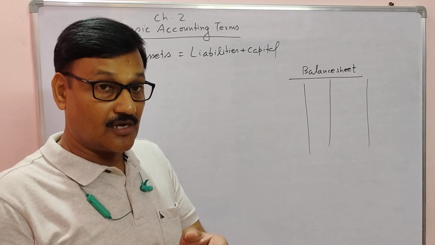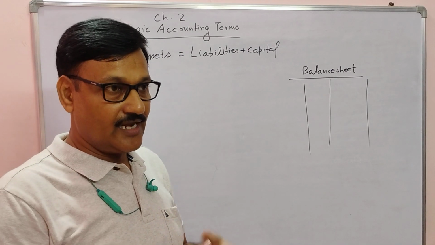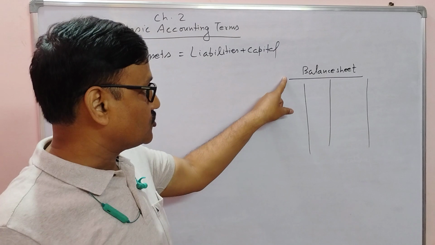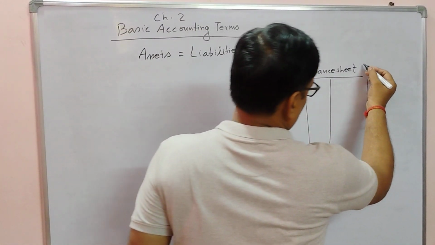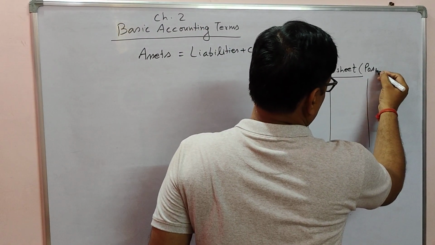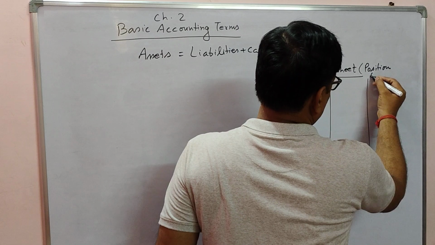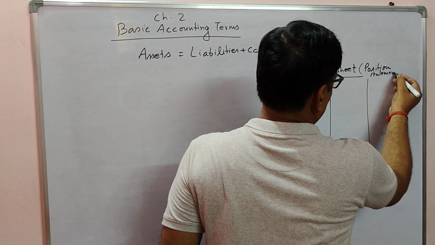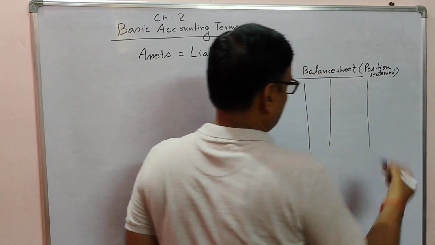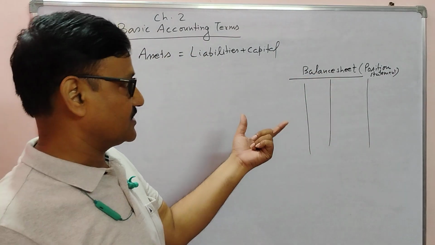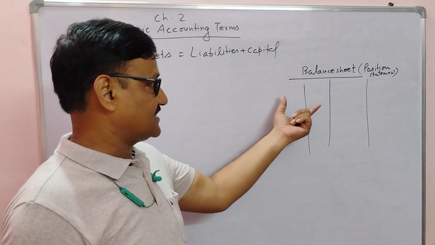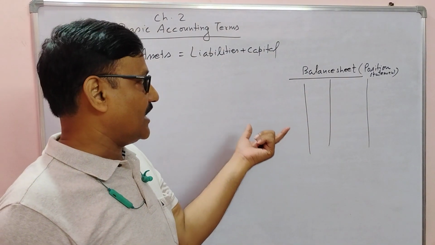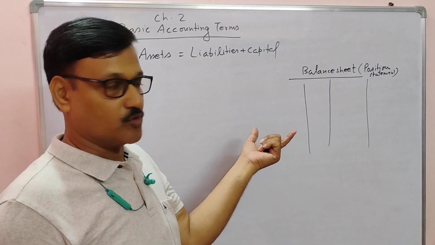Trading and profit and loss account is known as the income statement, and balance sheet is known as the position statement. It tells you about the position of any business, any organization: what assets it owns and what liabilities it is supposed to pay.